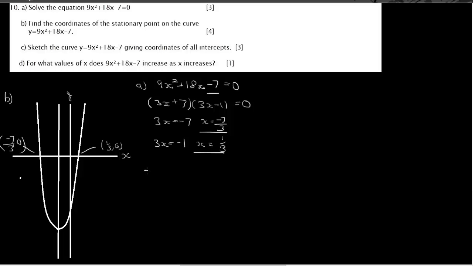So there are two intercepts on the x-axis. Now we can say that at that point y equals 0. dy by dx is 18x plus 18, so x equals minus 1.